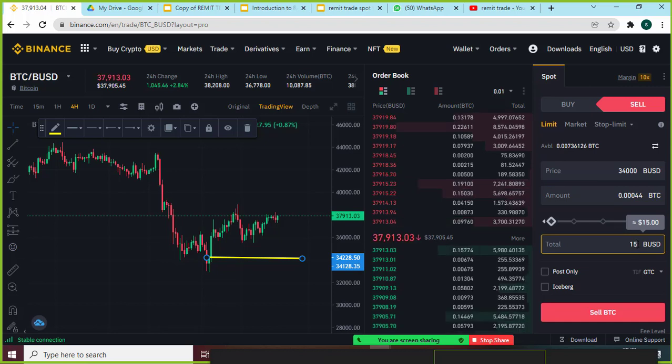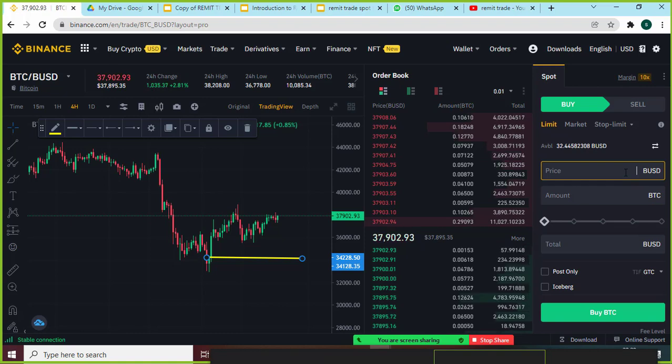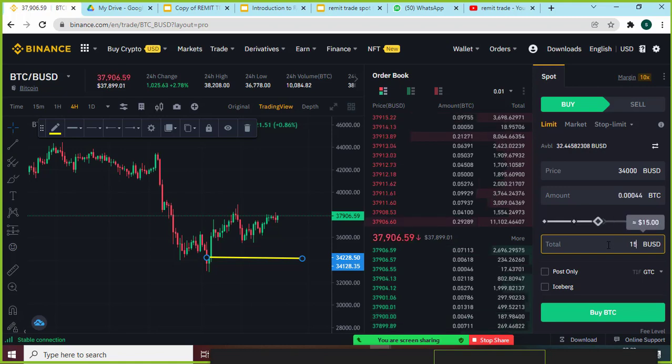And if I write anything here, the equivalent will reflect here in BUSD as well. So I will just put the price, $34,000, limit buy. I'll put here $34,000, and then I'll put 15 BUSD. And then I'll click buy.